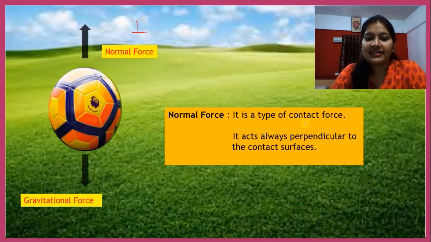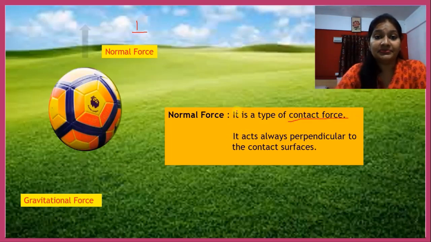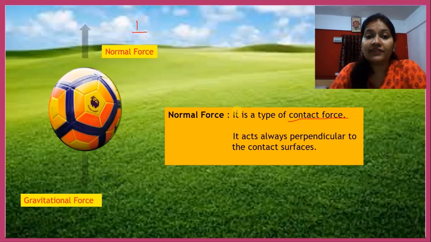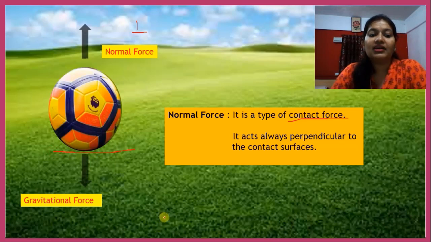It is a type of contact force. Now, again a new term, contact force. Contact means here we have a contact between the football and the ground. So this creates a contact force that is known as normal force, and which always acts perpendicular to the surface of contact. I hope the concept is clear to you.